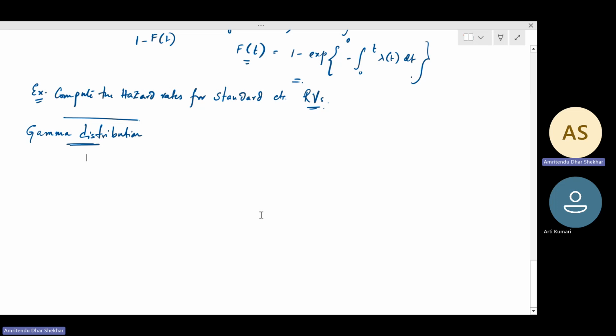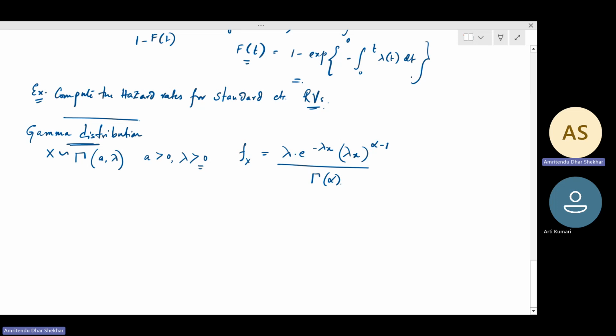So a gamma distributed X, which I'm going to denote as gamma, takes two parameters, alpha and lambda, both greater than zero, and its density function f of x is equal to lambda times e to the power minus lambda x, times lambda x to the power alpha minus 1, divided by gamma of alpha.